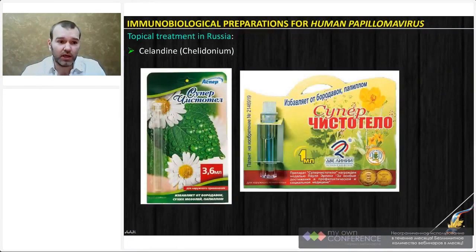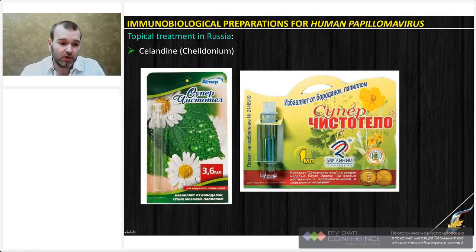So in Russia, we have Celandine solution, or the biological name is Chelidonium solution. In Russia, it is Chistotel. It is an extraction from herbs which is effective, and a lot of people who use that solution said that yes, it is working well.